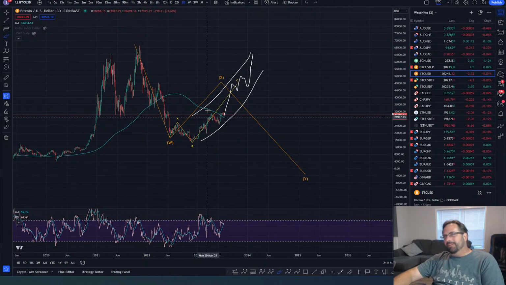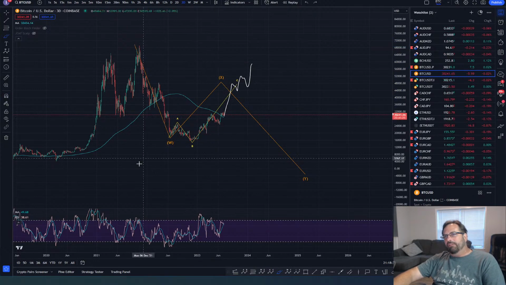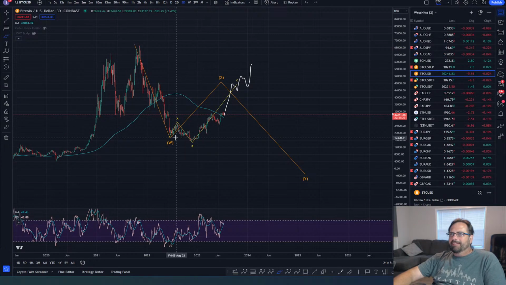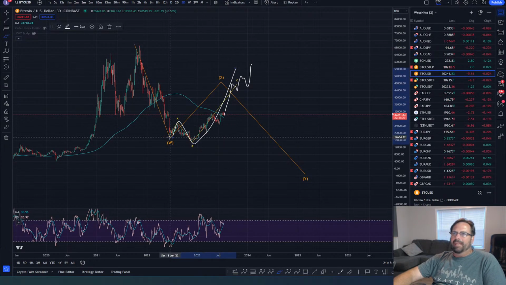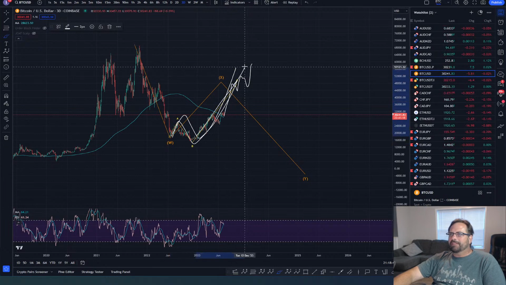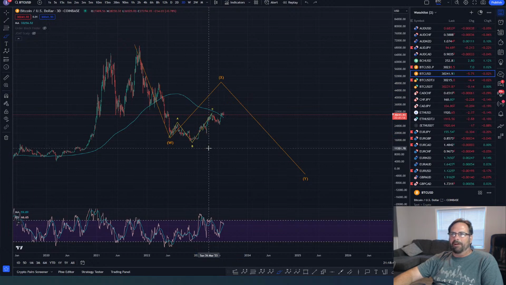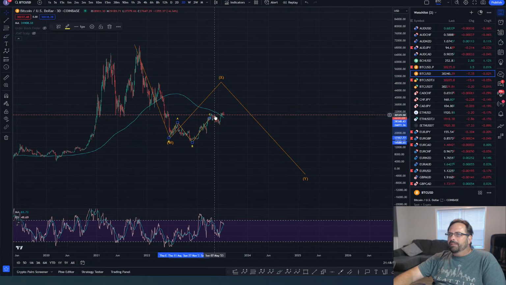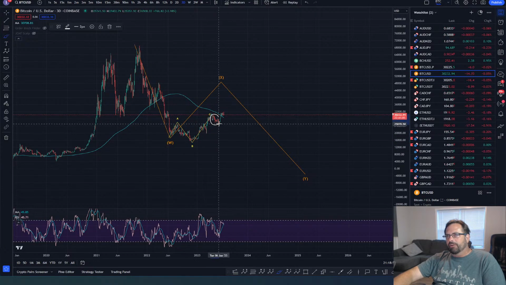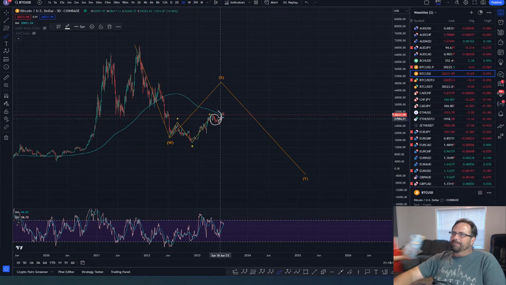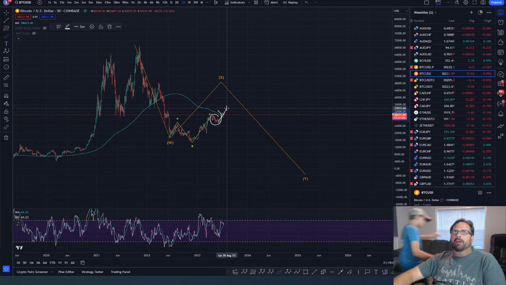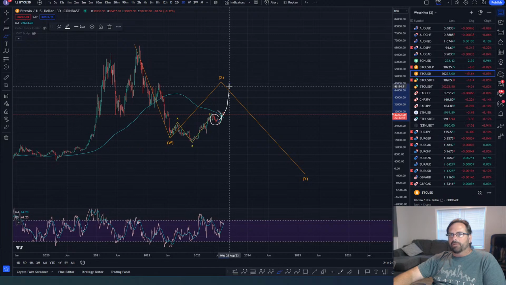But the problem with that, drawing it the way I've got it drawn, is that this would be much too extended, much too big, and just the shape of this impulse would be much too ugly. I just don't gravitate to that count. I know that I was talking about it for a long while, but once I saw how long this wave right there took, I've kind of lost my love and feeling for that big move to the upside.